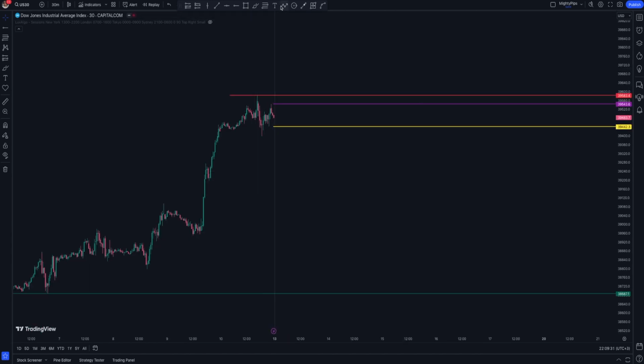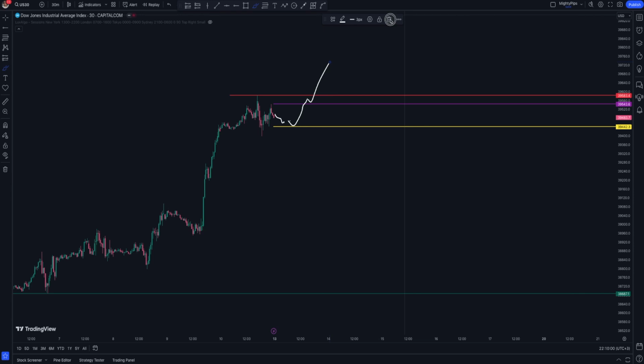On the 30 minutes chart, we are waiting for price to come down like this, to this line, bounce from here, and maybe go up. We can buy back to this level of resistance, and if it breaks above and tests below, then we can continue to buy.